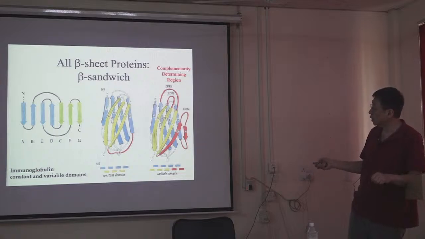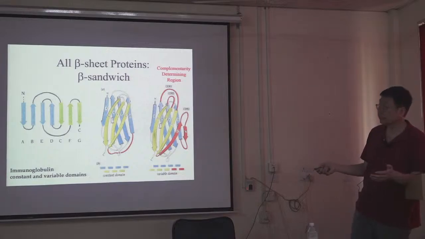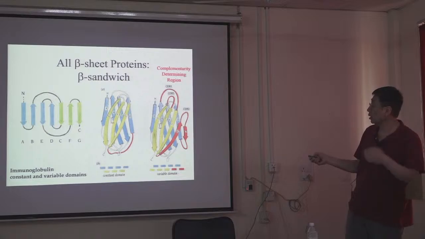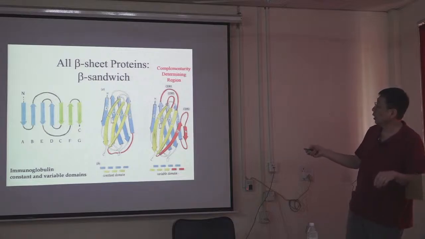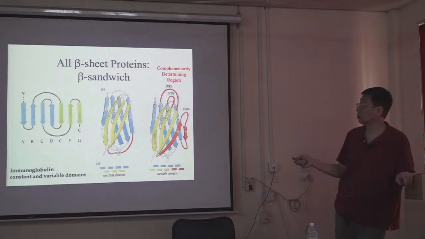The 2 extra strands are in the front, C prime and C double prime. So the front sheet now has 5 strands. But more importantly, the 3 loops on this end of this fold are hypervariable. They are the so-called CDRs, complementarity determining regions.